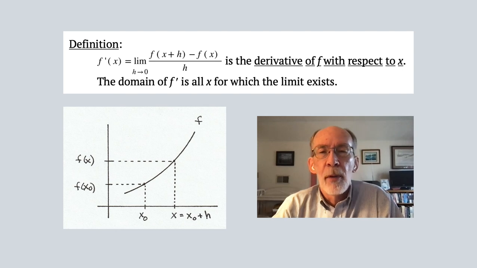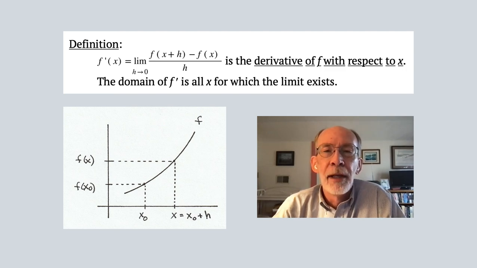So formally, f prime is defined to be the limit as h goes to 0 of f of x plus h minus f of x, all over h, defined to be the derivative of f with respect to x. And the reason for that is that it's important to take note of what the independent variable is.